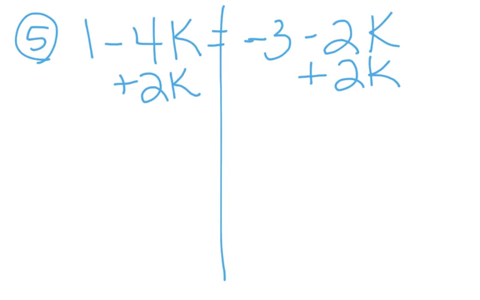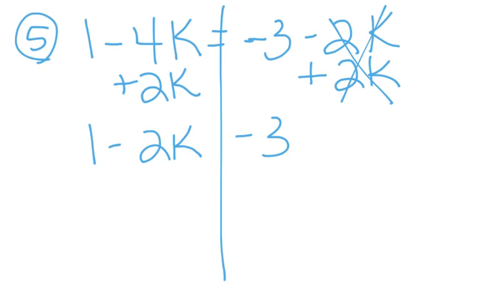I have to do what I do to one side of the equation, I have to do to the other. I'm going to write it right underneath the k to keep those lined up and the like terms together. I haven't done anything with the 1. Negative 4k plus 2k. Negative 4 plus 2 is negative 2, so it's negative 2k. Negative 3 on this side, because this goes away.